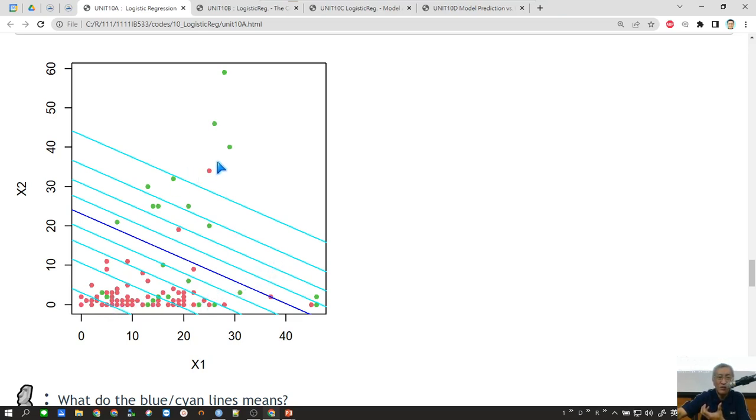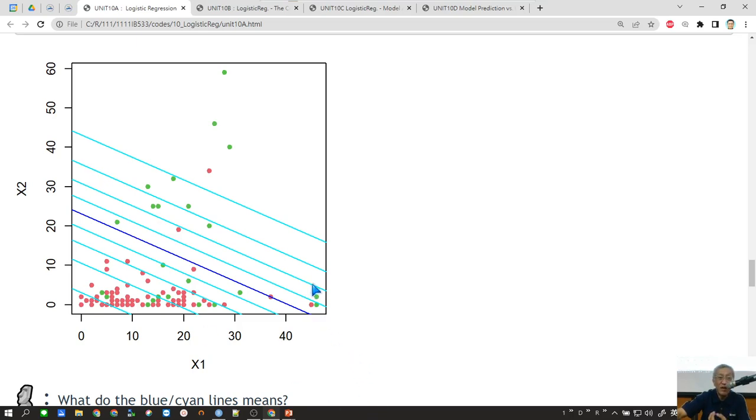the data only occupy a very small fraction of the space, right? But as long as we have the model, for every combination of x1, x2, for example, I point here, I know that if x1, x2 is here, then the probability of y equal to 1 is how many?